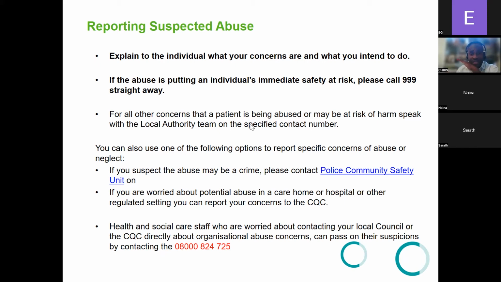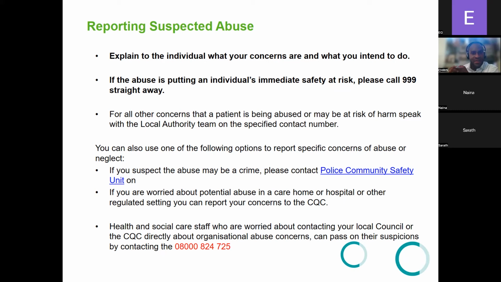For all other concerns that a service user may have of being abused or being at risk of harm, you speak to your local authority team. After going through the procedures of the workplace, if you think they are not working, you go to your local authority team.